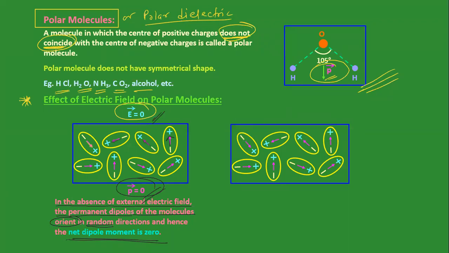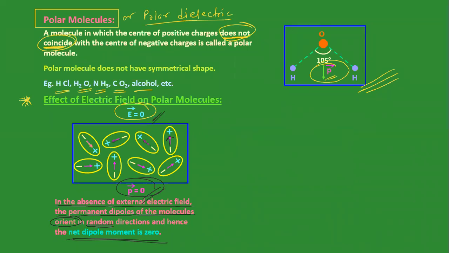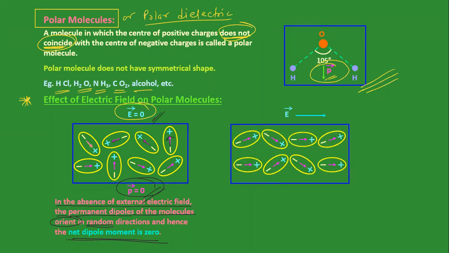But as we apply electric field, their dipole moments are oriented in the direction of electric field. You can see most of the molecules align their dipole moment in the direction of electric field.